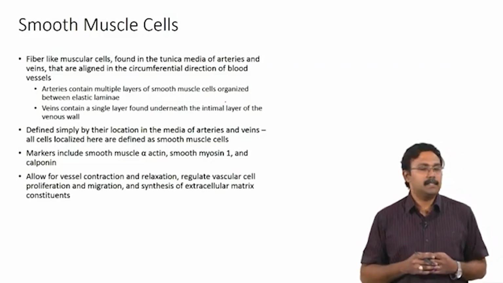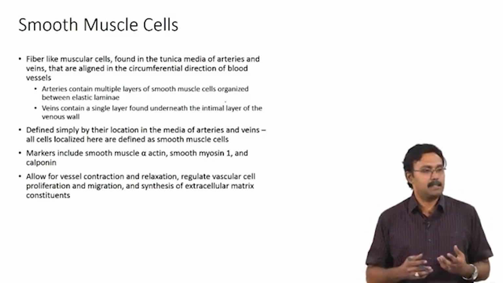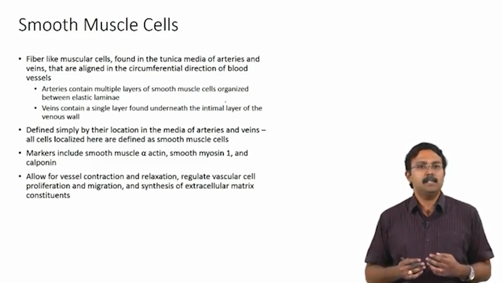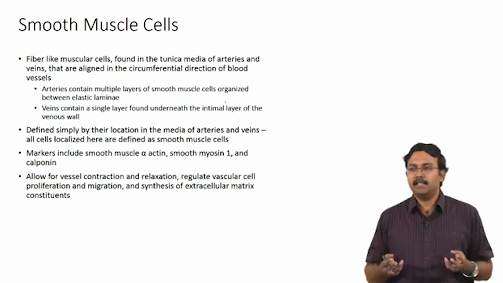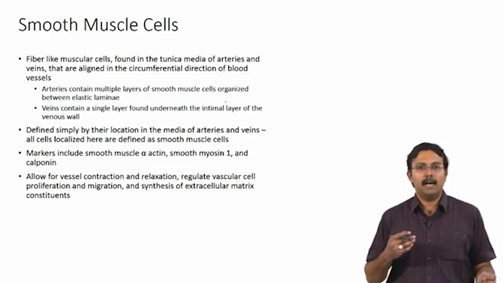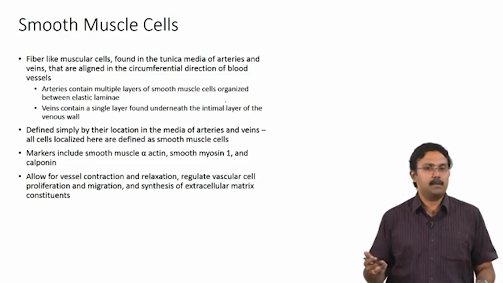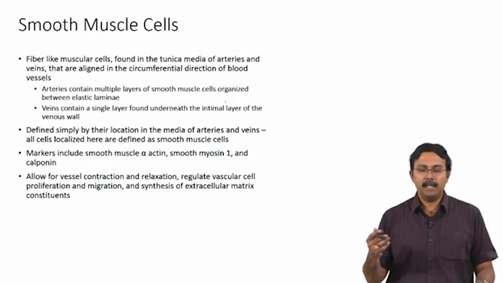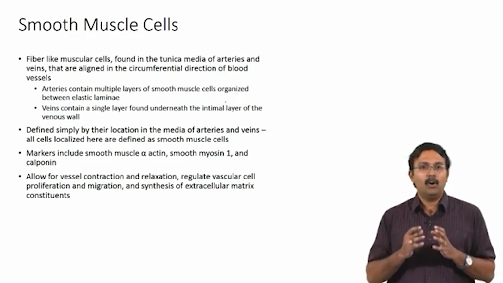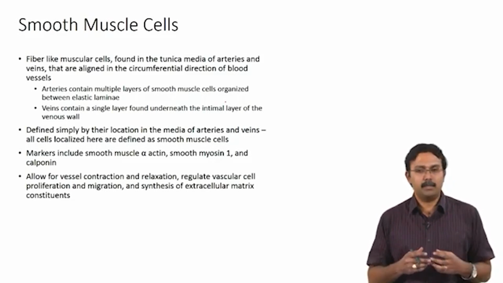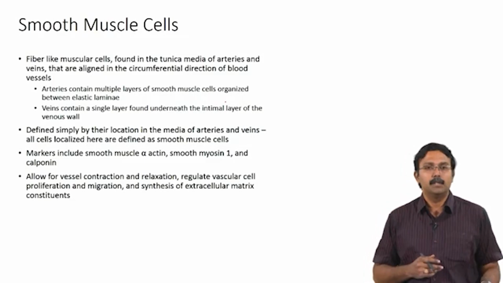Smooth muscle cells are fiber like muscle cells which are found in the tunica media of arteries and veins. They are aligned in a circumferential direction of the blood vessels, and arteries contain multiple layers as I was saying, whereas veins contain a single layer. The multiple layers in the arteries are organized between the elastic laminae, and that provides the elasticity for the tissue.